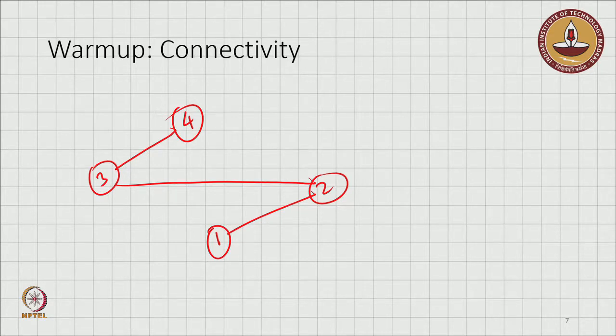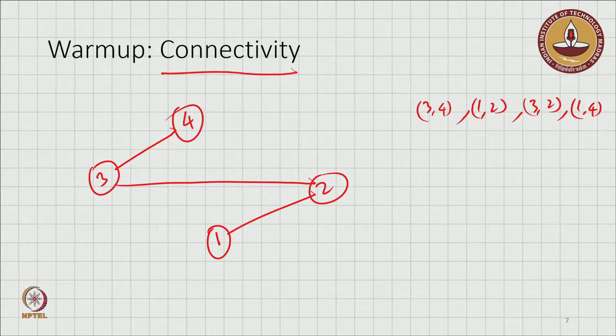Now the question is, what do we do with the edge 1, 4? So just to remind ourselves, we got the edge 3, 4 first, then we got the edge 1, 2, then we got the edge 3, 2, and now we've gotten the edge 1, 4. But notice that the whole point of this current problem is to check for connectivity.